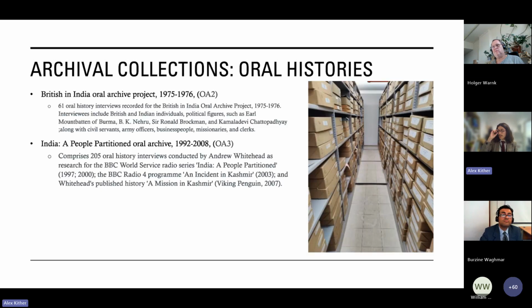And then finally, the oral histories that I referred to. So we have two significant oral history collections which relate specifically to British India and British interaction in India as well. The first is the British in India Oral Archive Project, which was undertaken in the 1970s and consisted of just over 60 oral interviews with various Indian and British individuals, including some political figures and social figures as well, about their experiences, recollections, and so forth.